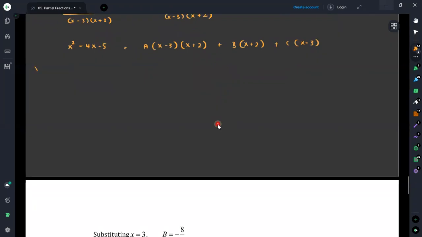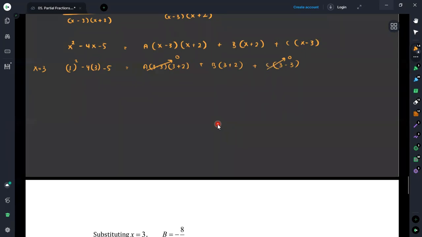Therefore, I am using a technique. If I substitute x equals 3, then this becomes 3 minus 3, as well as this, 3 minus 3, and then we can find the value of b. Substituting x equals 3: 3 squared minus 4 times 3 minus 5 equals a times 3 minus 3 times 3 plus 2, and we can set this entire term to 0, plus b times 3 plus 2, plus c times 3 minus 3, which again is 0.